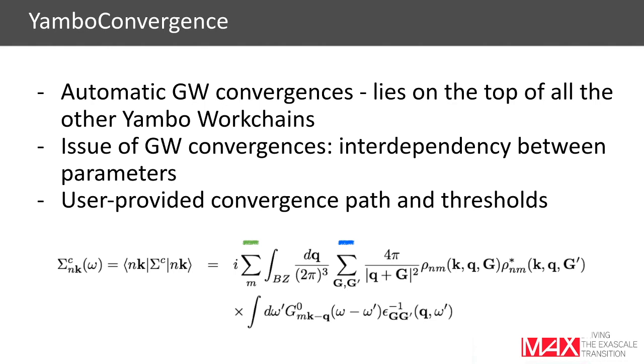Then the top level work chain in the plugin is the so-called YamboConvergence. This performs the convergence of the quasi-particle correction with respect to critical parameters used in the code.